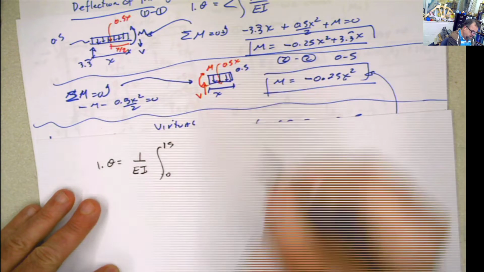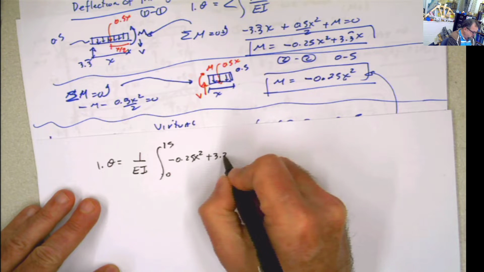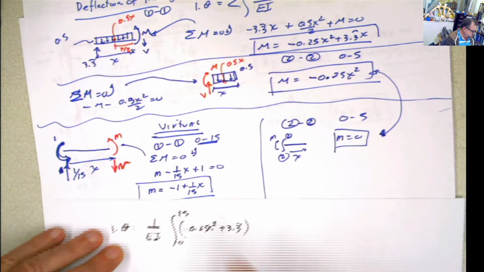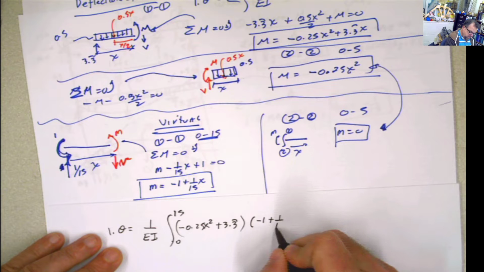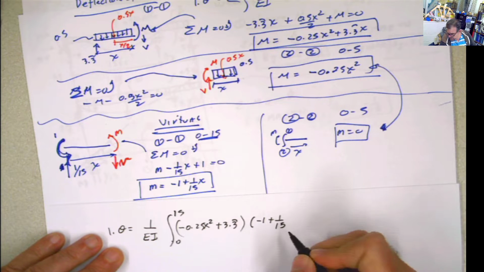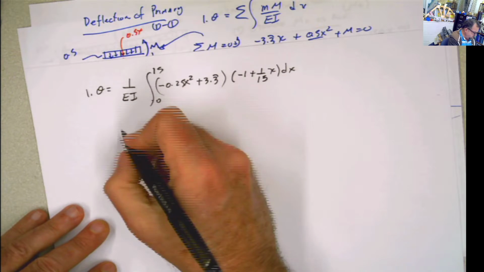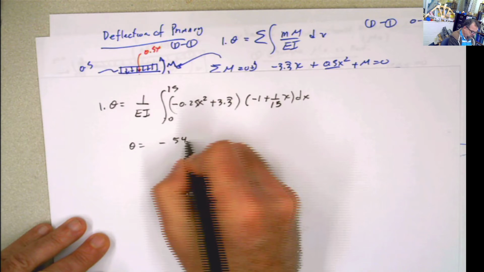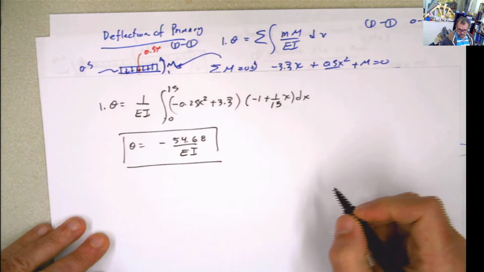What you get here is negative 0.25 x squared plus 3.3, multiplied by this one here, which is negative 1 plus 1 over 15, x dx. And once you solve this, it's going to give you a rotation of negative 54.68 divided by EI. This is going to be the rotation of the primary structure.